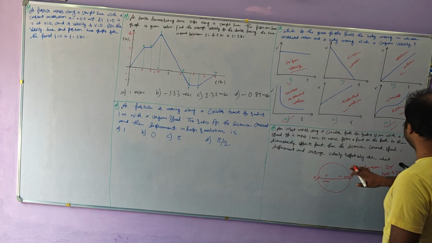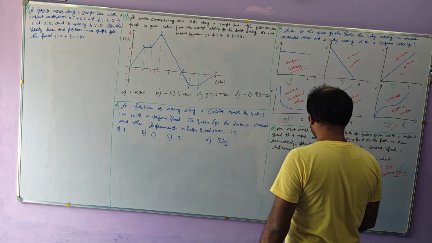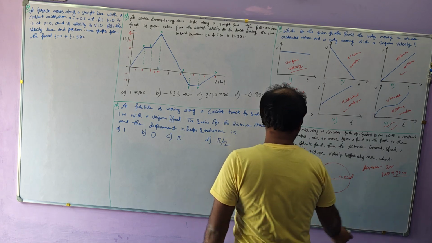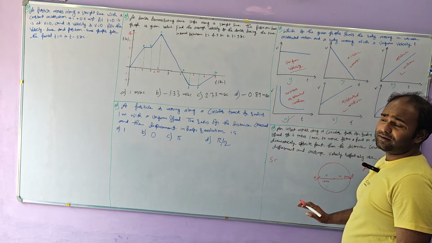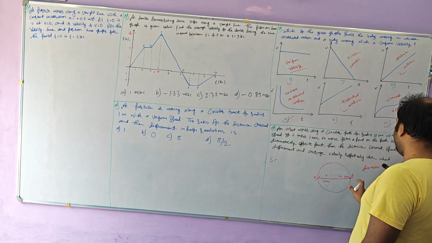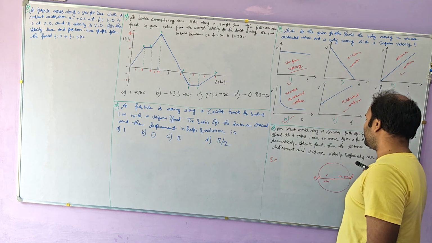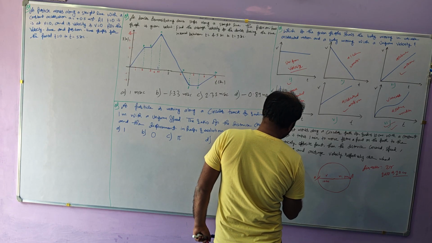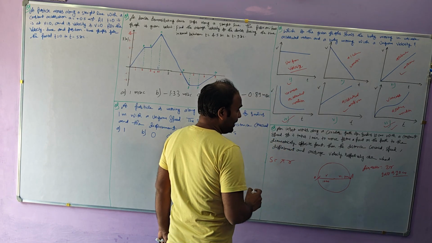Then the distance covered is what? We know s is equal to 2 pi r when we revolve a complete circle. When we go half, diametrically, that becomes pi r.